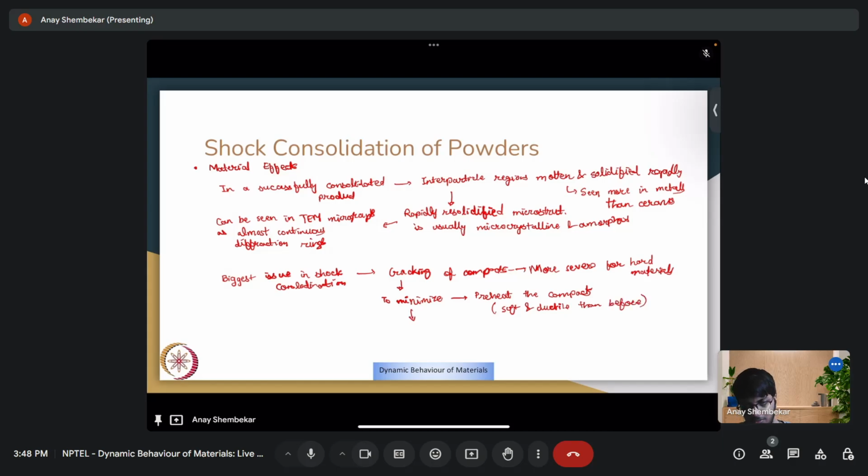Another solution could be to use shock induced reactions. What we have here is this creates localized heating near particle surfaces, which in turn enhances bonding.